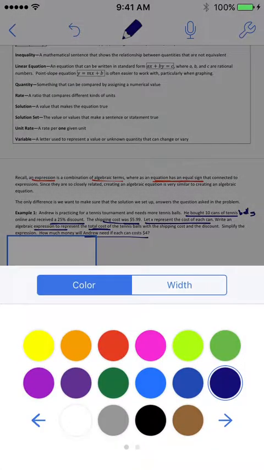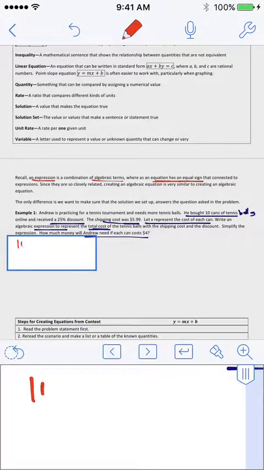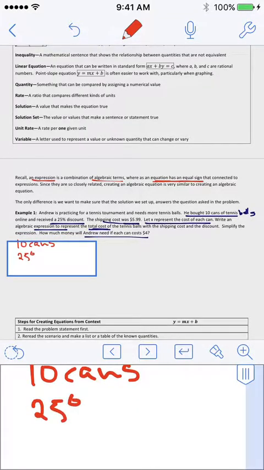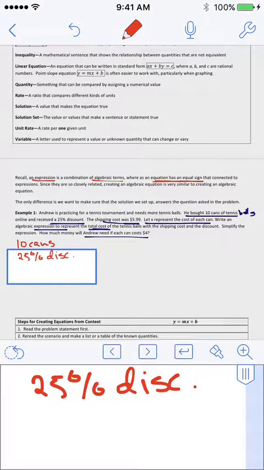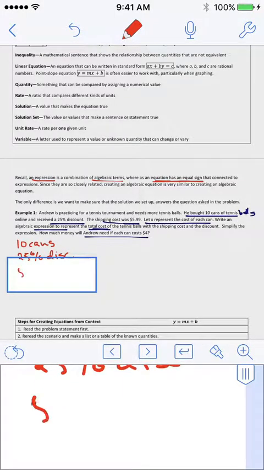Let's write down what important things you've underlined. 10 cans, right? He got 10 cans. Got a 25% discount. Shipping cost was $5.99. It's actually a really cheap shipping cost. It must be in-state.